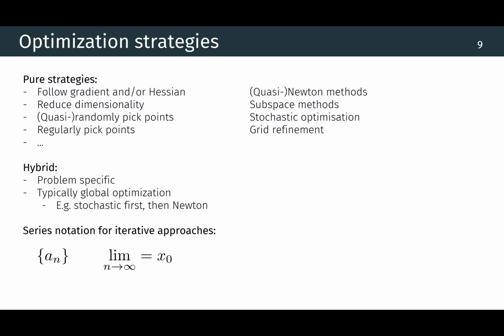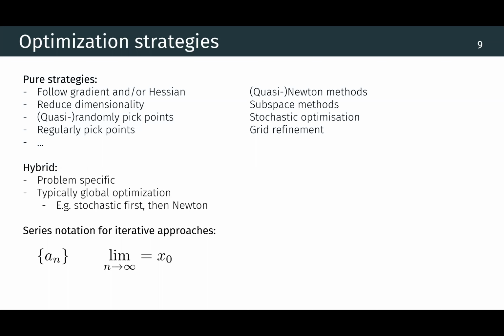And then the last strategy is fairly boring. It's called grid refinement. So the idea is you make a coarse grid, you go through all the grid points, and you evaluate the function there. So basically for every possible set of combinations of coefficients, you evaluate the function, and then you look at the region of the grid that typically gives low values, and then you do the same thing with a finer grid and so on.